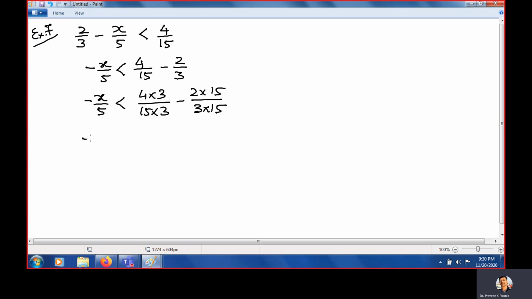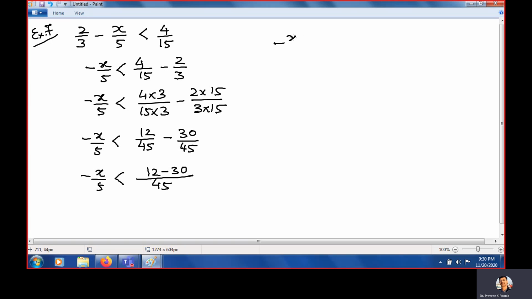So minus x upon 5 less than or equal to 12 upon 45 minus 30 upon 45. Okay, 45 is the LCM, 12 minus 30. So minus x upon 5 less than 12 minus 30, which is minus 18 upon 45.